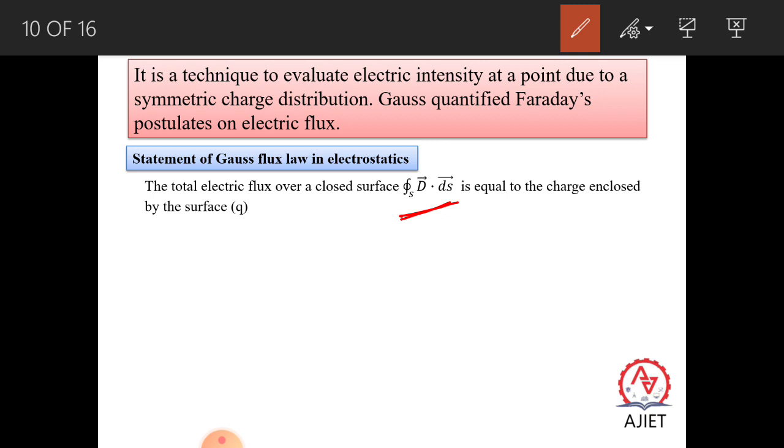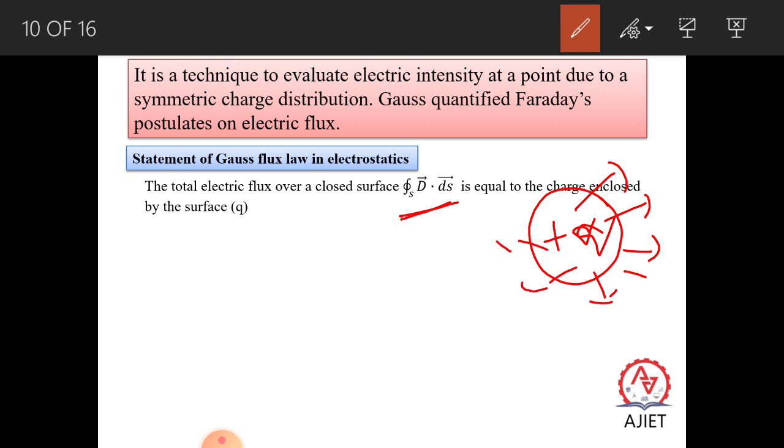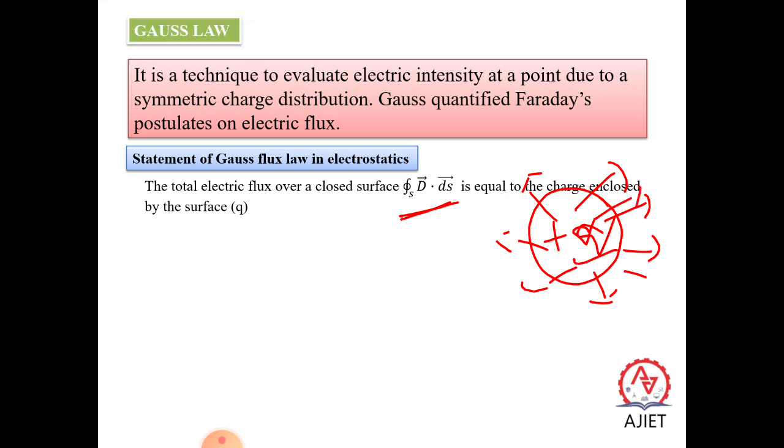That means if you take some charge q enclosed inside a surface, the total lines of force, called the total electric flux through the closed surface, is equal to the charge enclosed by the surface. It is obviously the same. If more charge is enclosed in the surface, more lines of force will come out. If less charge is enclosed, fewer lines of force will come out.